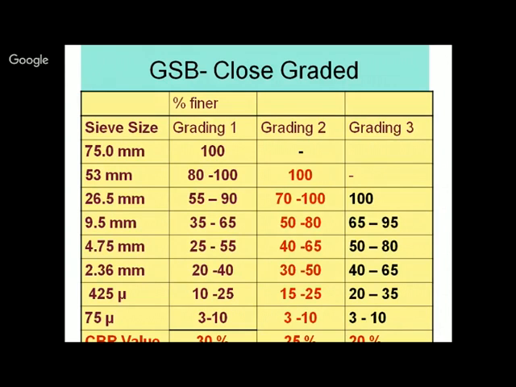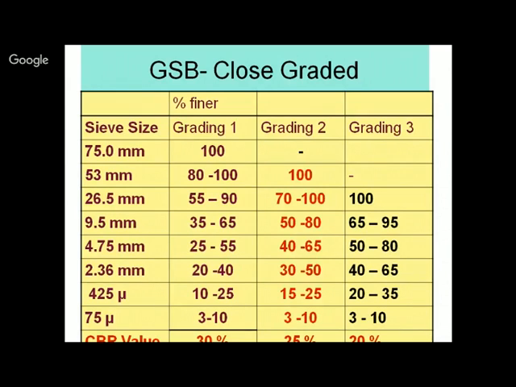There are three gradings, and you can see that the sieve sizes range from 75 mm to 75 micron. What is specified is that for grading 1, for example, it should be 100% passing 75 mm.